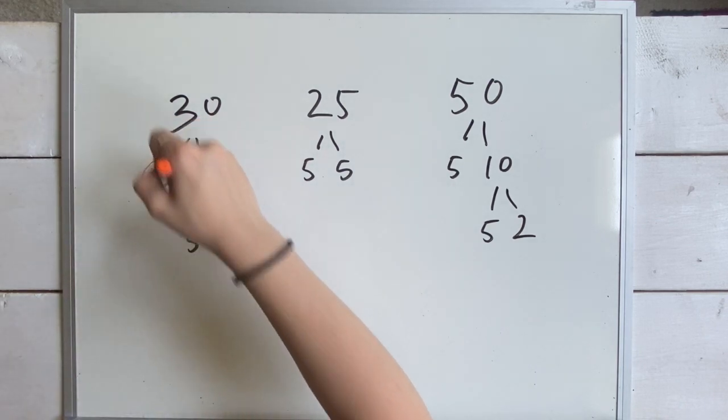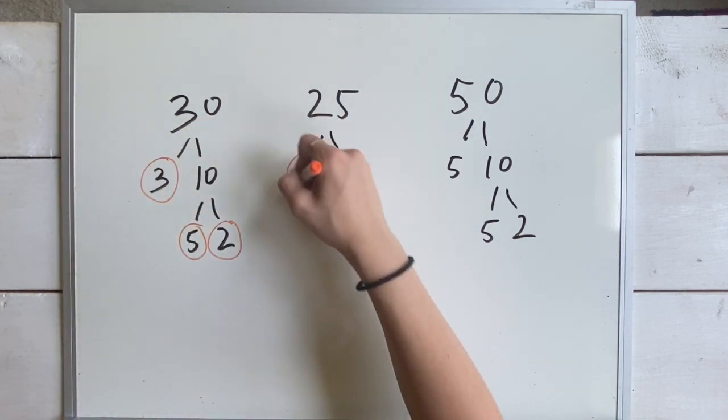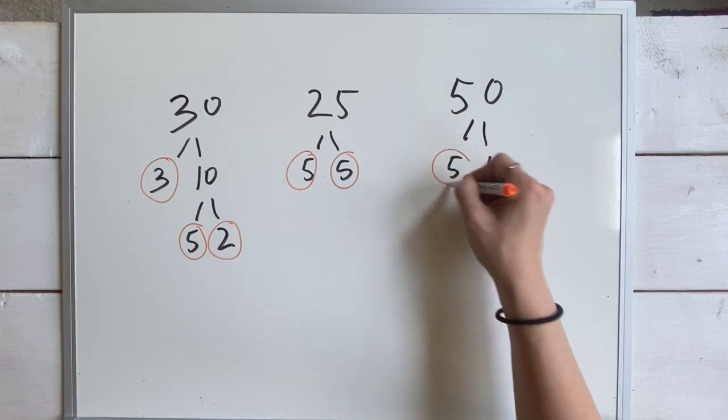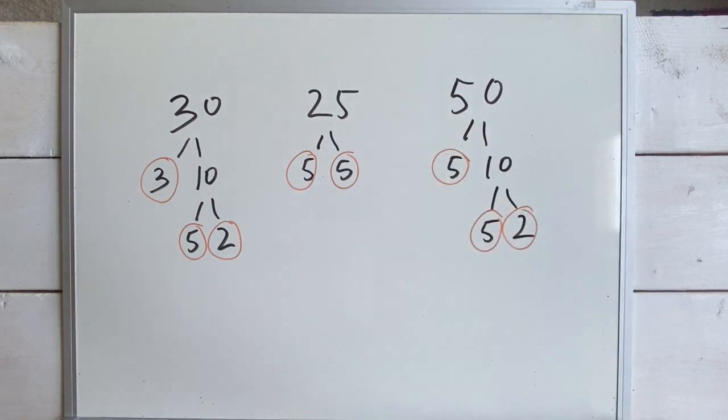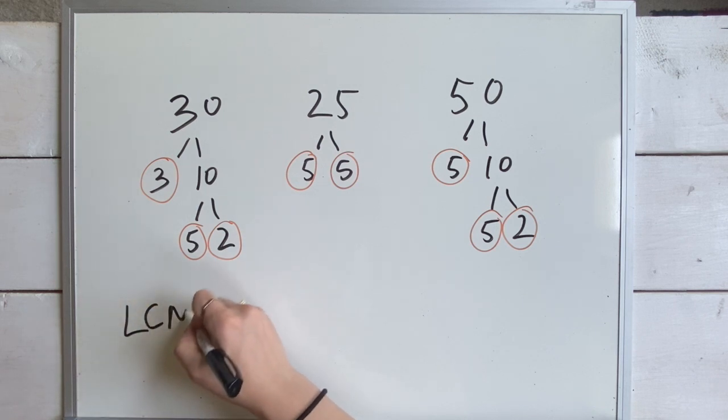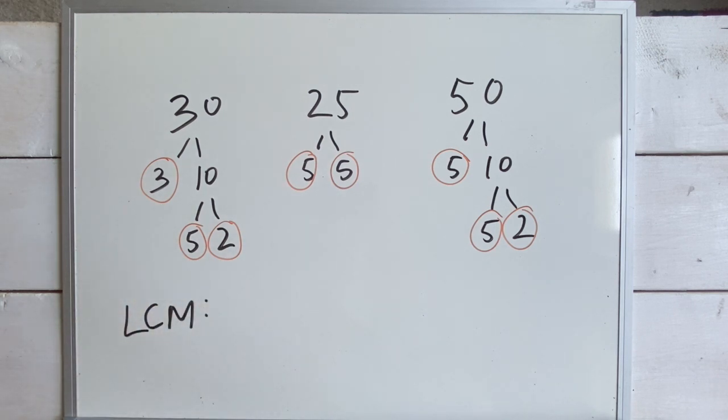All right, so here are our factor trees for 30, 25, and 50. Now, when you're looking for the least common multiple of 3 numbers, it's the same method, but we only need to have a number shared amongst 2 of the numbers in order to count it just once, just like we did before. It doesn't have to be shared across all 3 numbers.